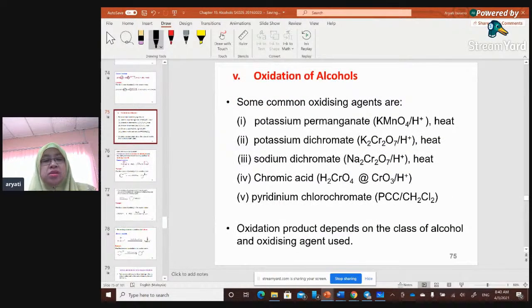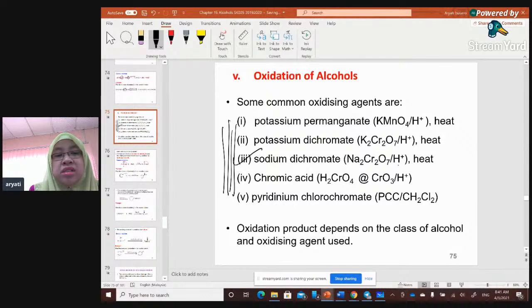Okay, so oxidation of alcohol. So actually we have do this experiment during your lab. So you use oxidizing agent that you use is sodium dichromate in acidic and heat, this one. So actually there are some others strong oxidizing agent that can be used for oxidation of alcohol.